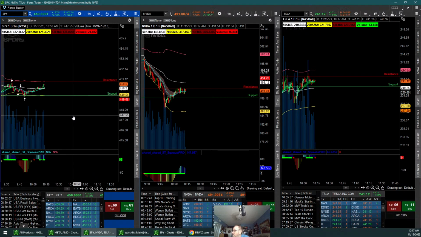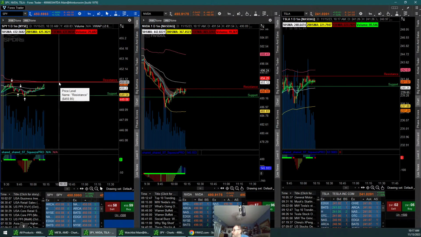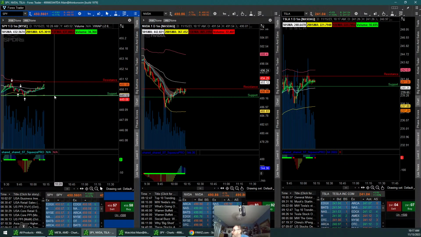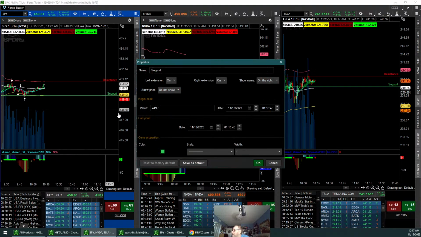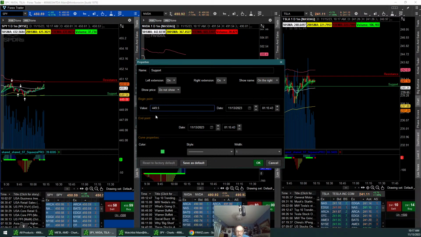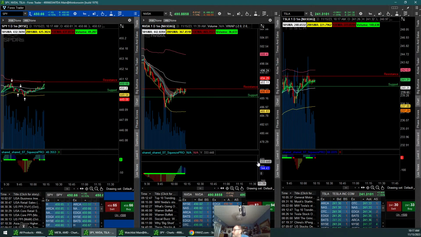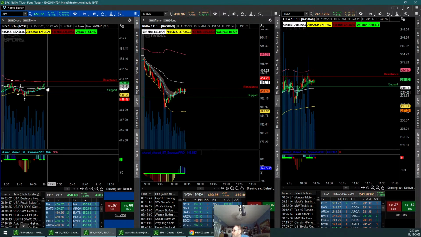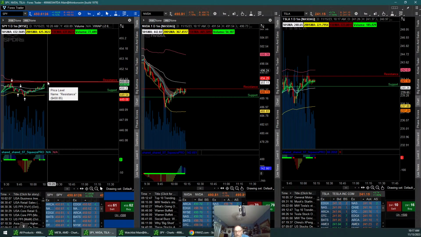All right, so 451, is that where I put it? 450.85. And that would put this at 459. And let's put $1 for the SPY and go 85 here. Just brings it up a little higher. So you can see we're pushing up. That would be for a 451.